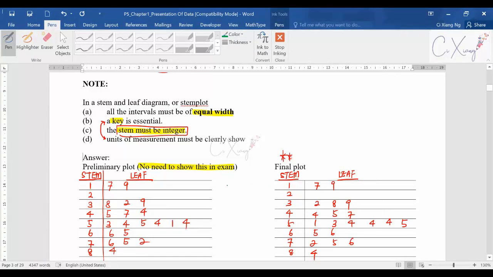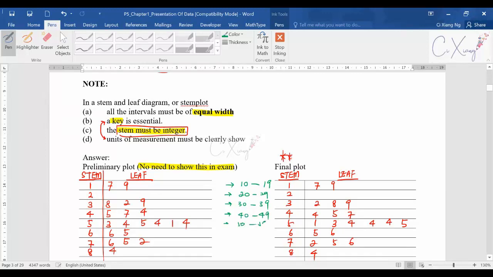So you can see that for the first interval here, any number from 10 until 19 will be included in the first class. And then for the second interval, it should be 20 until 29. So any number between 20 until 29, then it should be the third here. So you can see every single row here includes the same width of numbers.